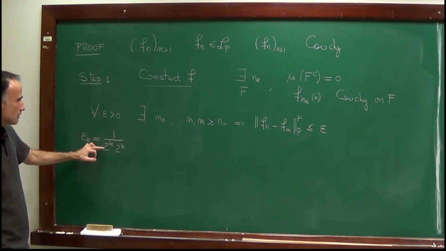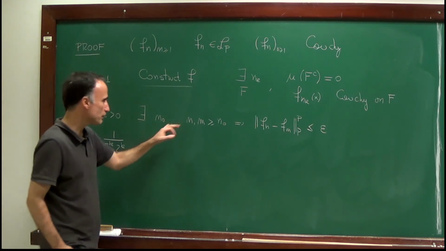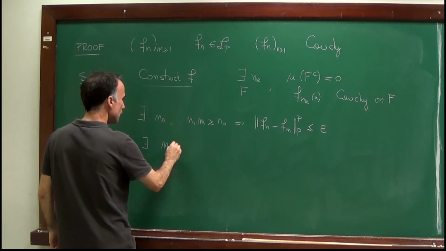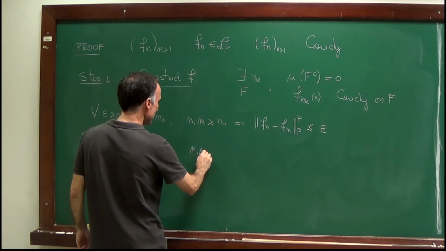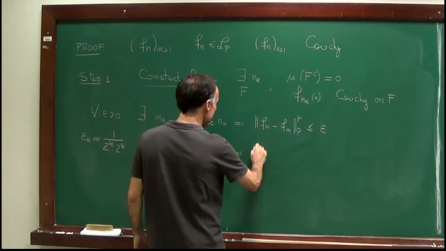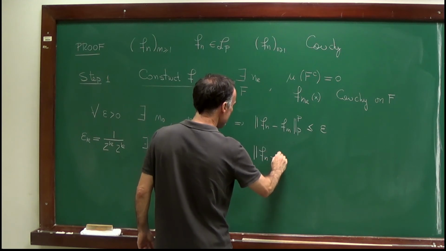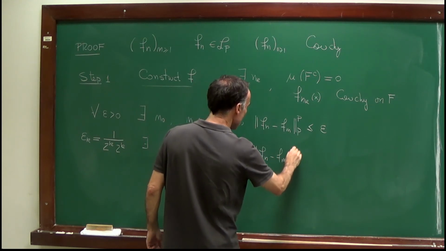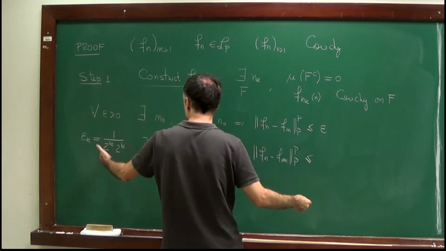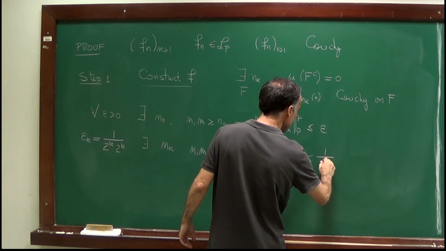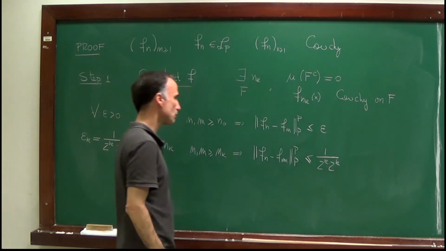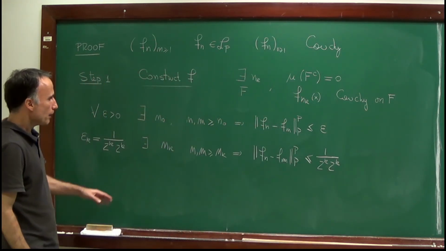So by taking this special epsilon, what I find is that there exists nk such that if n and m are larger than nk, then the norm p of fn minus fm at power p is bounded by epsilon k, which is 1 over 2 to the k times 2 to the k.